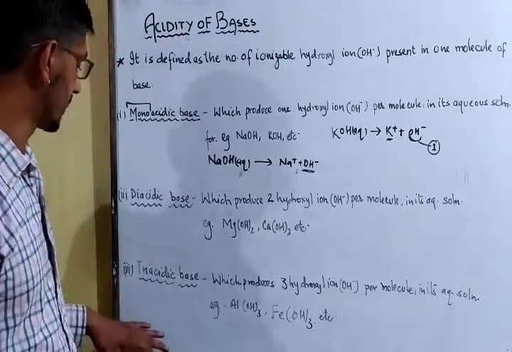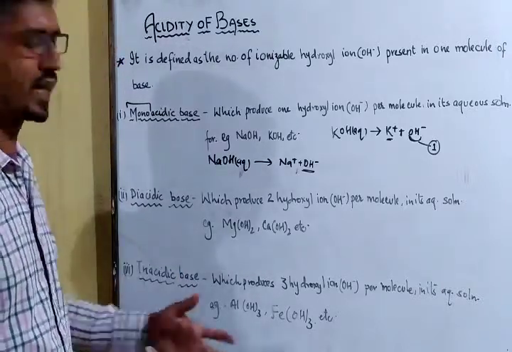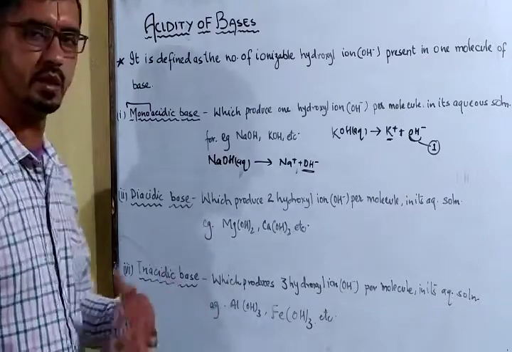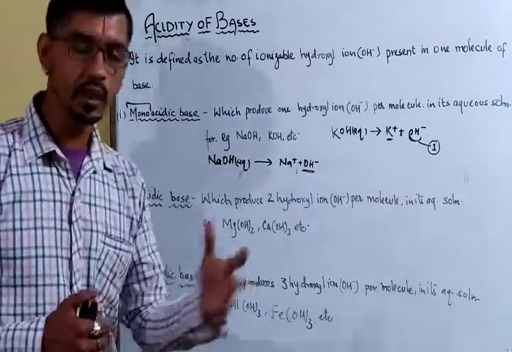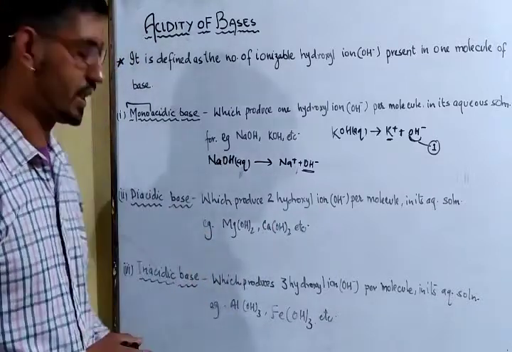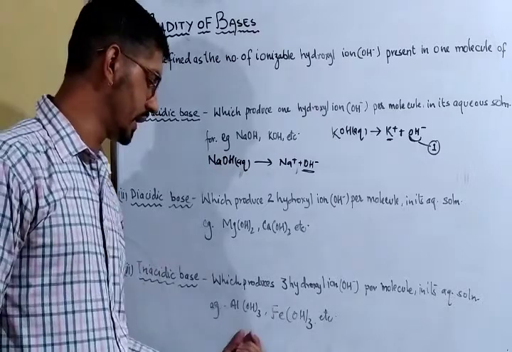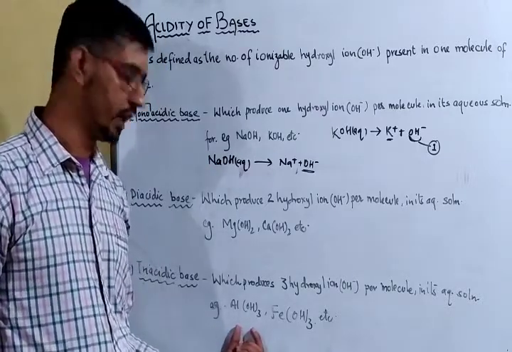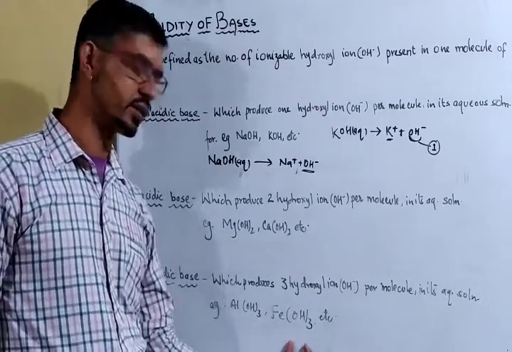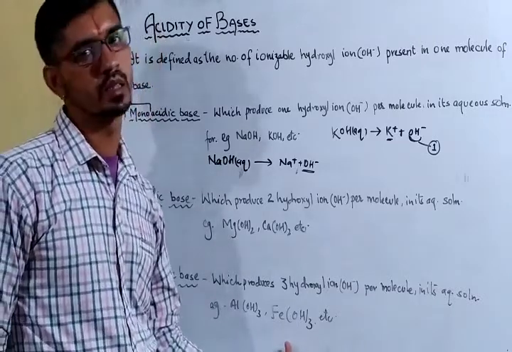Okay, now towards the third type, triacidic base. The name indicates tri means 3, which produces 3 hydroxyl ions. They will be known as triacidic base. Okay, so the examples are Al(OH)3, aluminum hydroxide, and ferric hydroxide, Fe(OH)3.